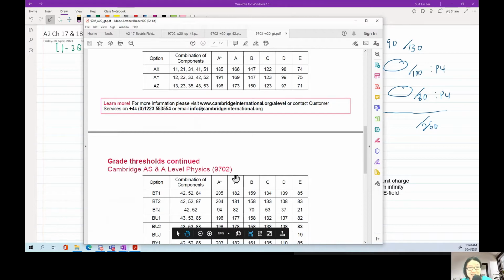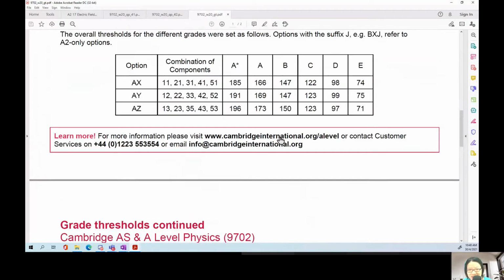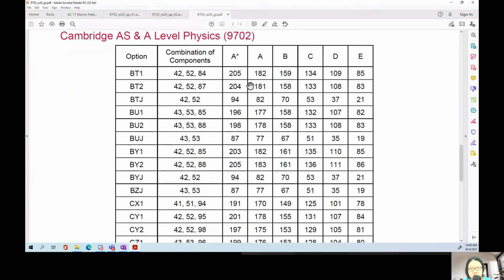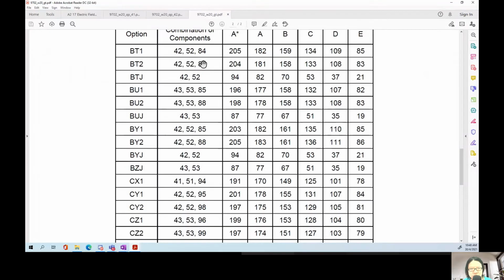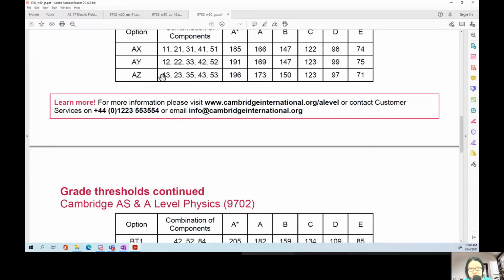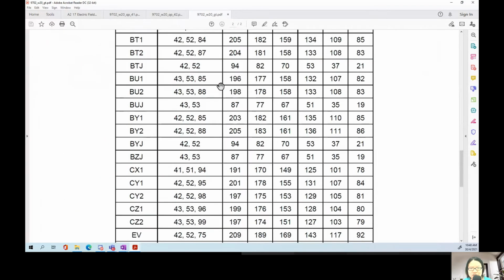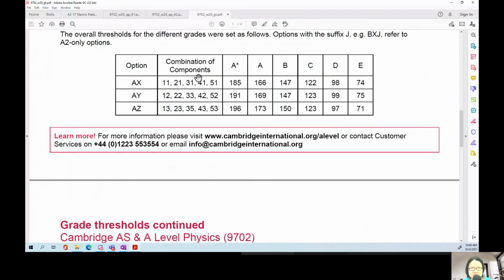But since we are still in the midst of a pandemic, I'm guessing nothing much will change. I don't know, I can't tell the future. So look for combinations where you have already sat for your AS, not the students who sit for 5 papers together in one sitting. That is really, really tough. If you're sitting for 5 papers, then these are your grade thresholds.